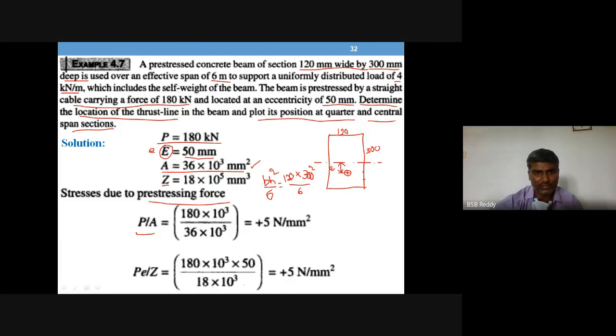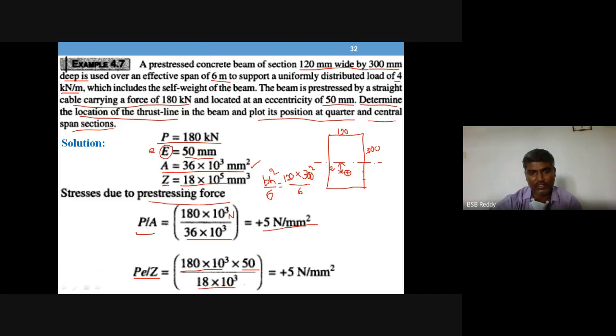P is 180 into 10 cube, converted to newtons, divided by the cross-sectional area in mm square. So it is 5 Newton per mm square, the direct pressure, and PE by Z is the bending stress from pre-stress. So P means pre-stressing force 180, eccentricity given 50 mm, and Z is taken as calculated from BH square by 6 or I by Y, both are same.